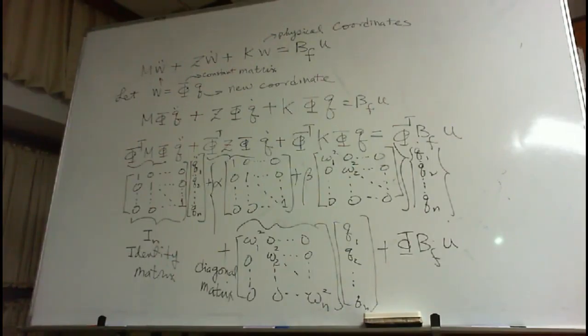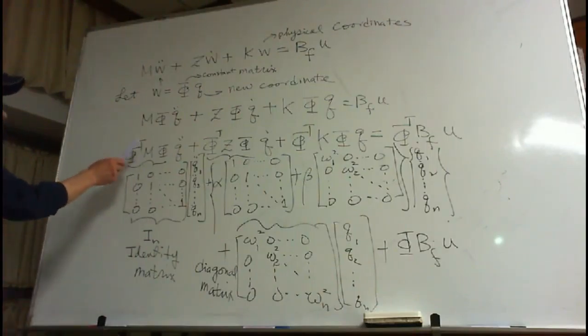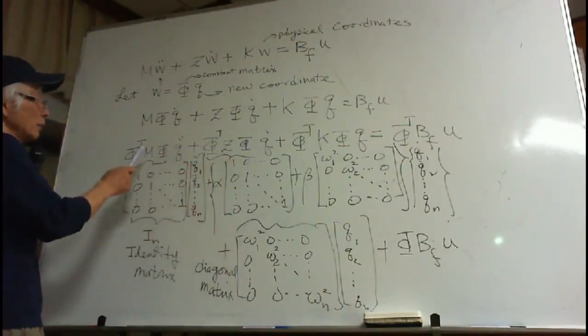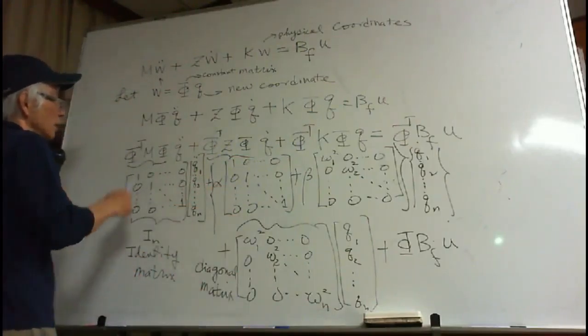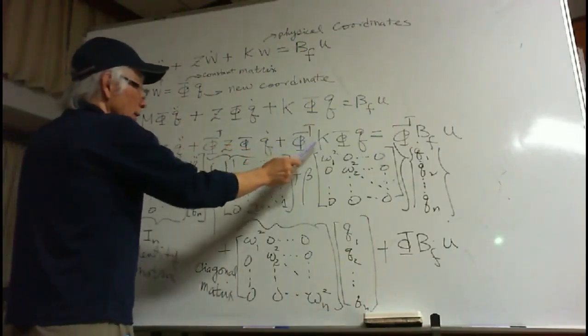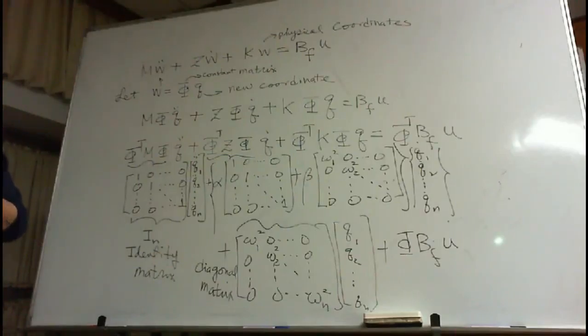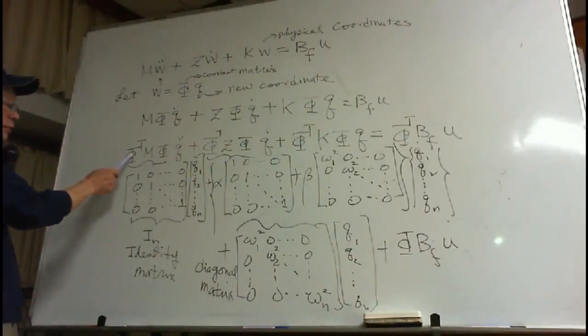The question I want to ask is about the constant matrix Φ. Based on what matrix do we derive it? Okay. Based on the mass matrix. The same things. If we know M and K, if I assume this proportional damping, we know M and K, we can derive the Φ matrix.